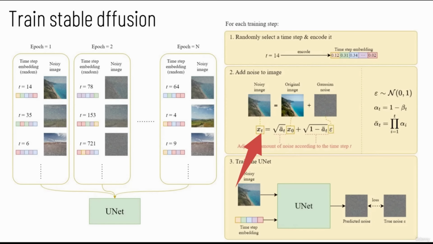So now we will pass these noisy images and their time steps through our U-network to predict the epsilon for each image, and we have the target epsilon for each image, so we can compute the loss, and we will try to reduce the value of the loss by tuning the parameters of the network.